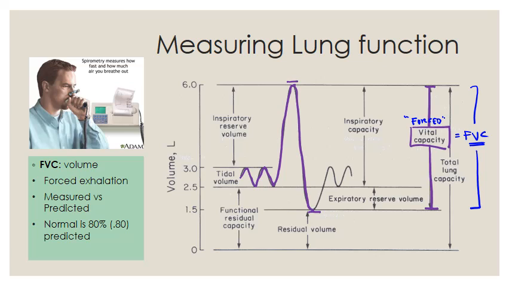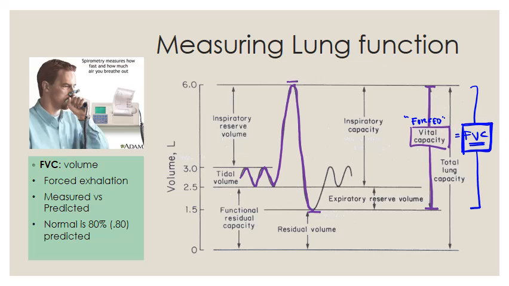Now, if you'll remember, the vital capacity, or even the forced vital capacity, is going to be affected by restrictive lung diseases like pulmonary fibrosis, severe obesity, neuromuscular diseases, and the list goes on and on. So the question is, how do we know if this forced vital capacity is normal or within normal range or not?